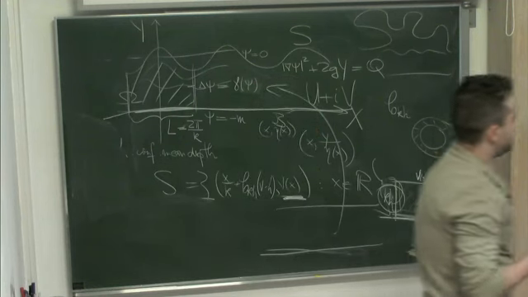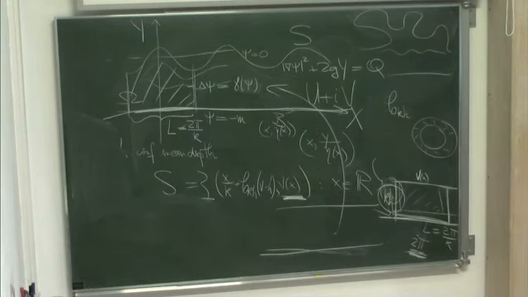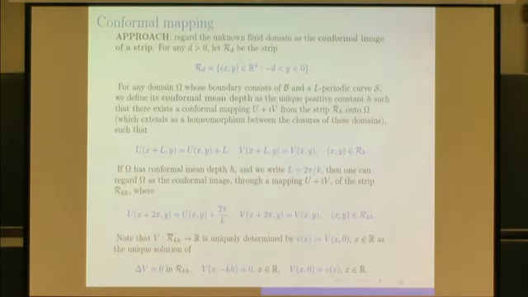So little v determines capital V by solving this Laplace equation, and then capital U is determined by taking the harmonic conjugate of capital V, and so knowing little v enables us to determine the conformal mapping.